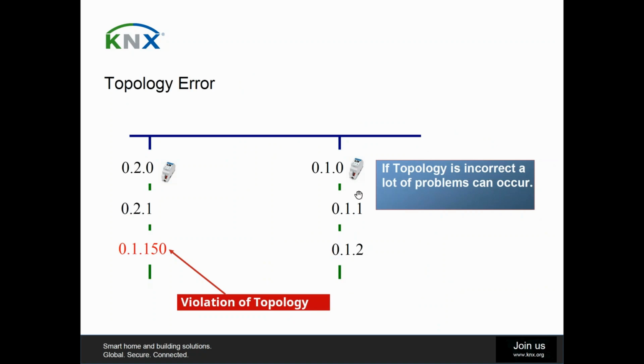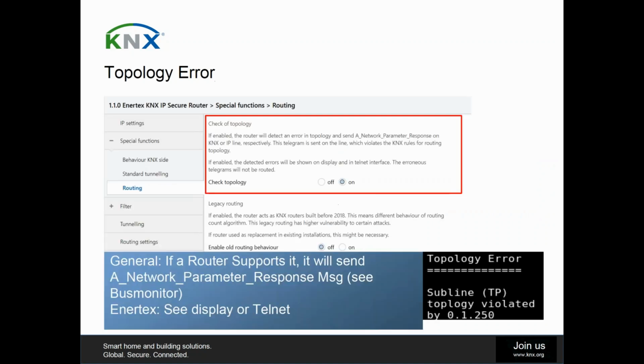Another thing is normally if your topology is incorrect, a lot of problems can occur. I don't want to go into more detail, but for example, if you have here on that line an additional device starting with 0 with a line 1, which actually should be 2, then there's a violation.